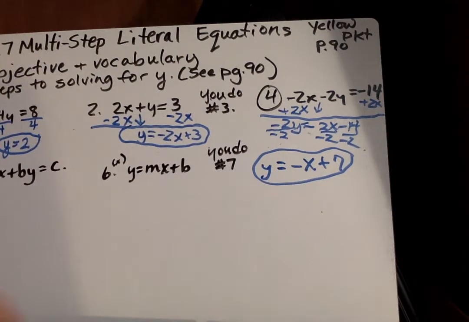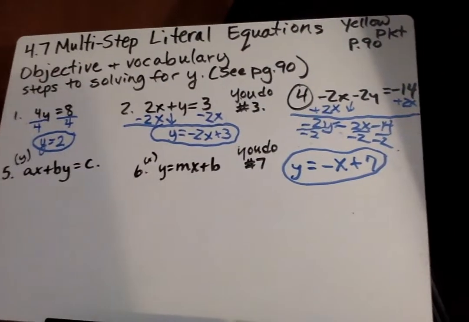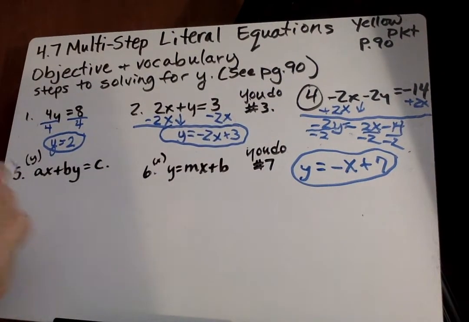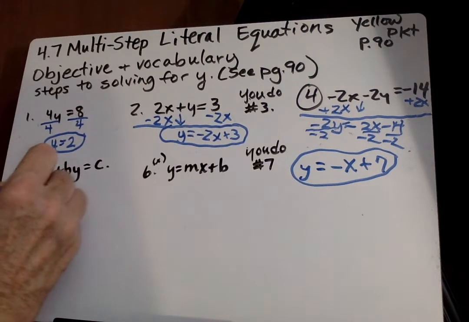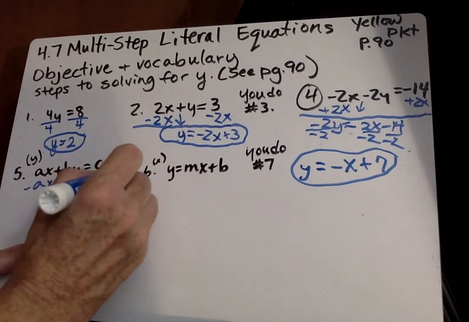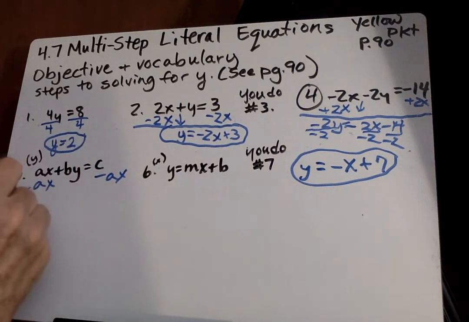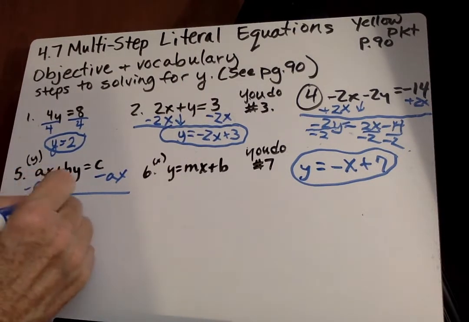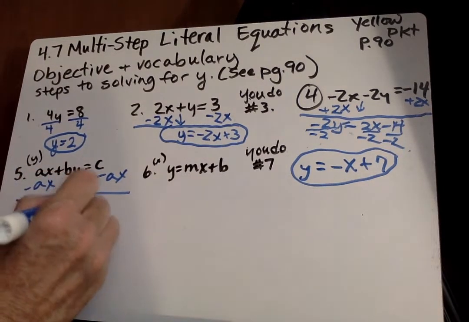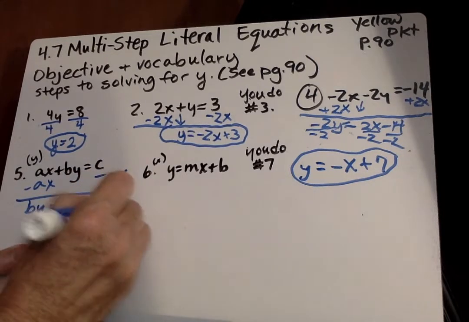Next, I'm going to go on to number 5. And I'm solving for y. Here we have a bunch of variables. So I'm going to go minus ax. So I said by equals negative ax plus c.